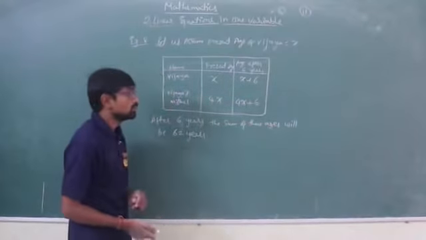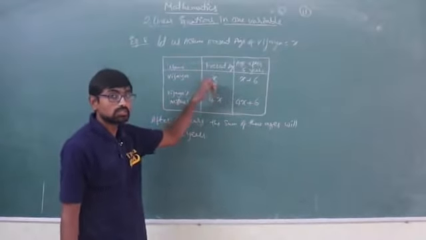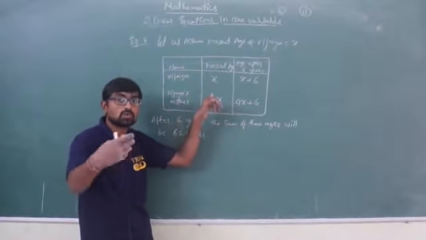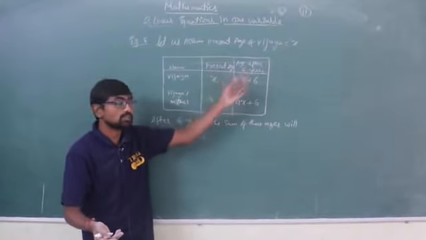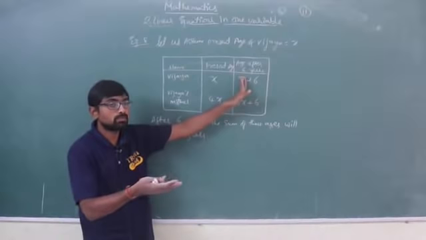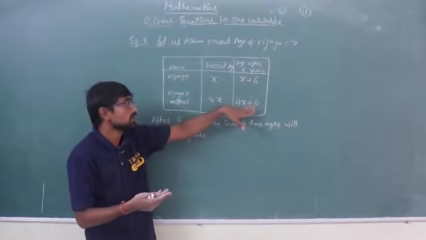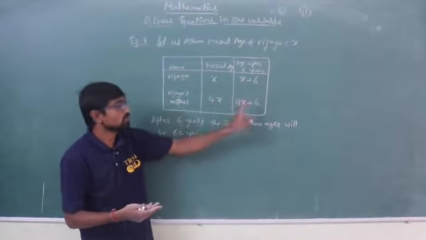Hope you all understood. Present age of Vijaya is X, present age of her mother is 4 times Vijaya, so 4 into X. After 6 years their ages will be, we will be adding plus 6, so X plus 6. Here present age is 4x, so 4x plus 6.